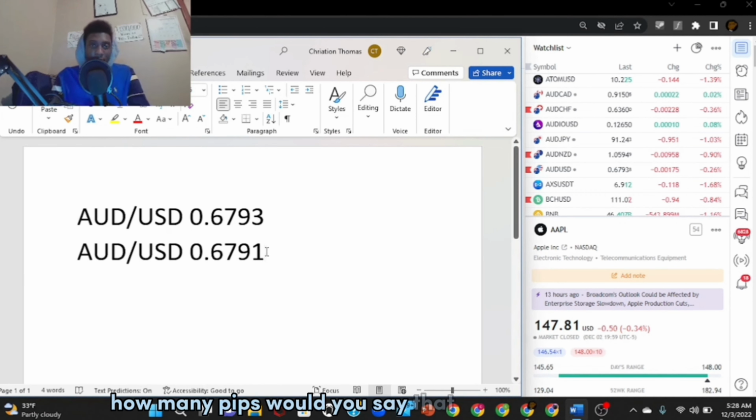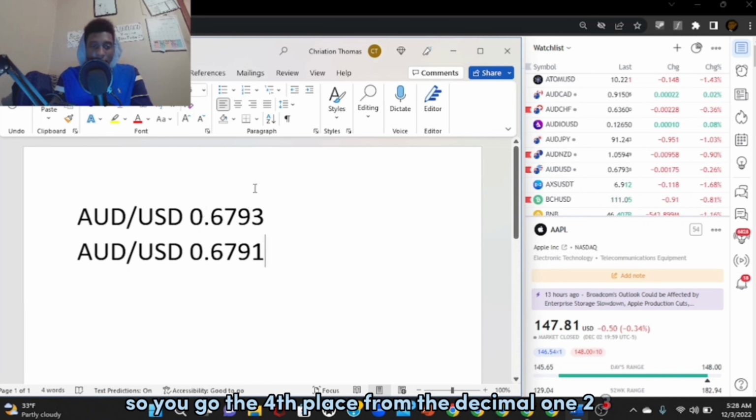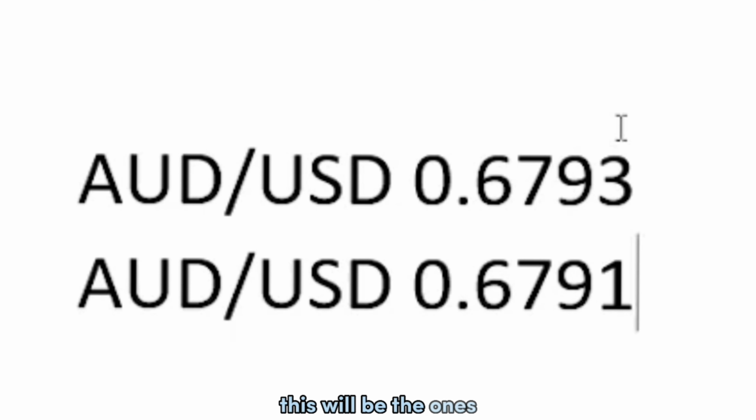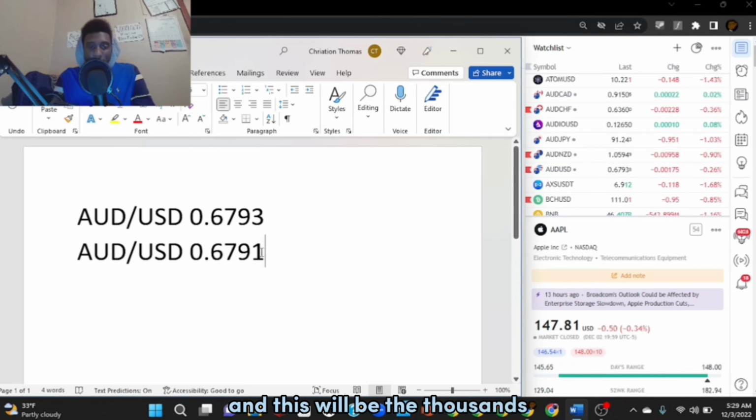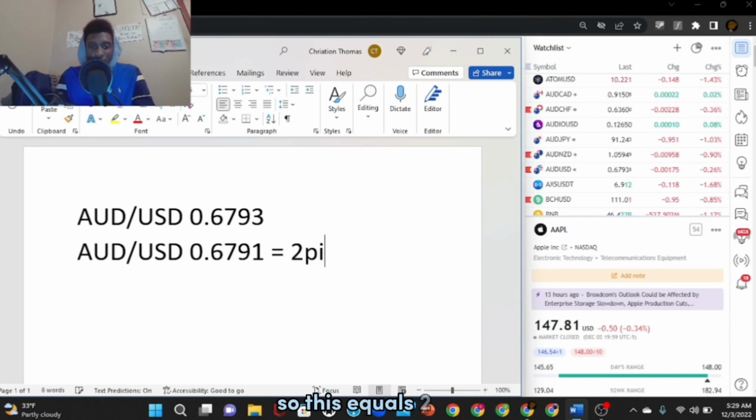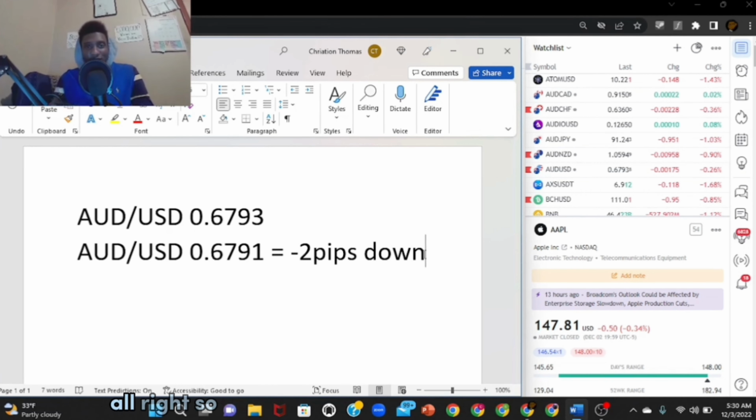How many pips would you say that it went up or down? Hopefully you know the answer is 2. But if you don't, I can show you exactly how I got it. You go to the 4th place from the decimal: 1, 2, 3, 4. This will be the ones, this will be the tens, this will be the hundreds, and this will be the thousands. So right now we went down 2 pips.